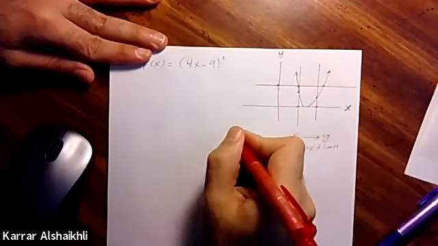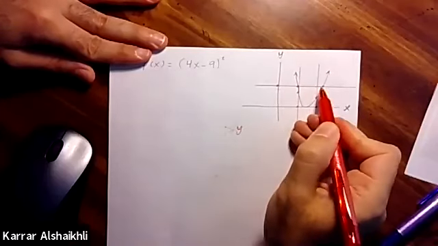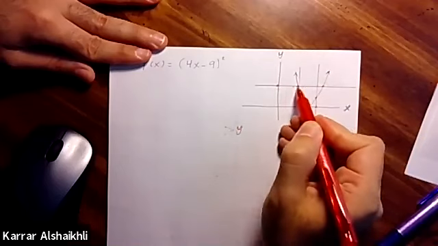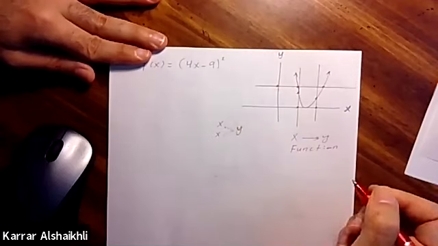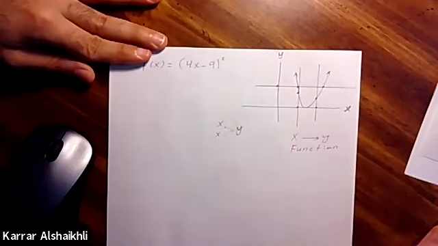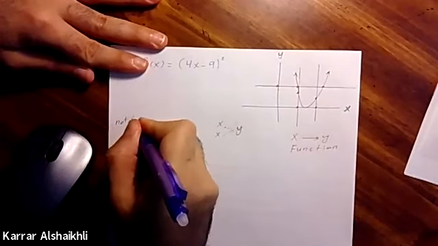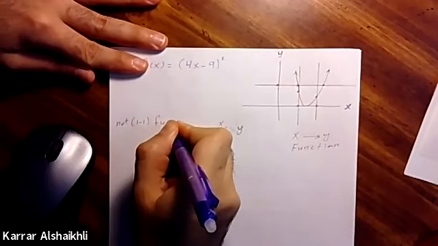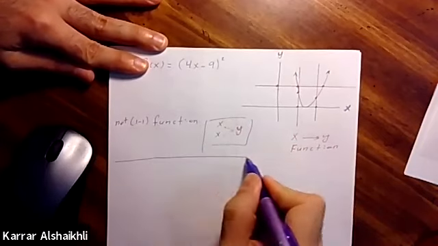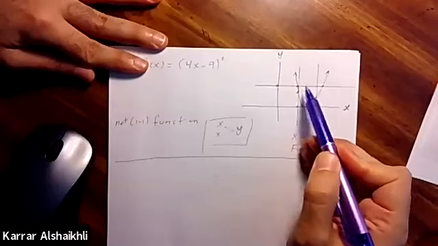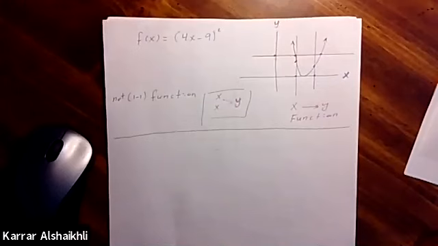That means I found 1 y goes back to how many x? 1, 2. Touch the graph in 2 locations. That means 1 y goes back to 2 x's. So the second condition is not satisfied. So I'm just going to say that means this is not a one-to-one function. Why? Because I found this is the reason. Found 1 y goes to 2 x's on the graph. That means it is not a one-to-one function.